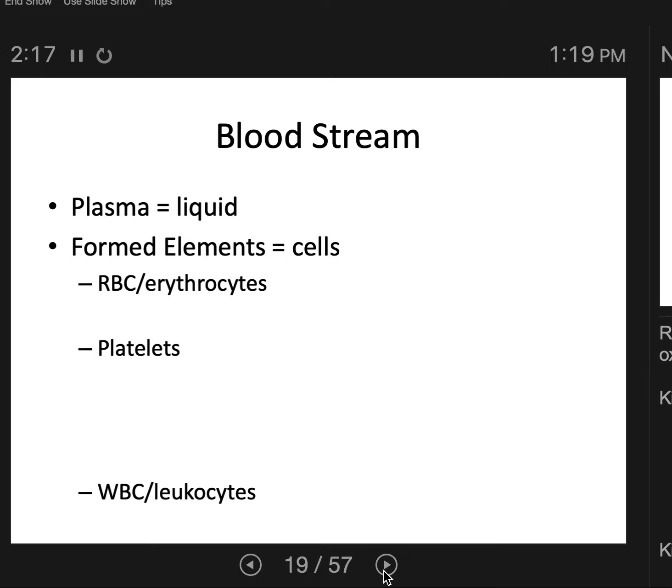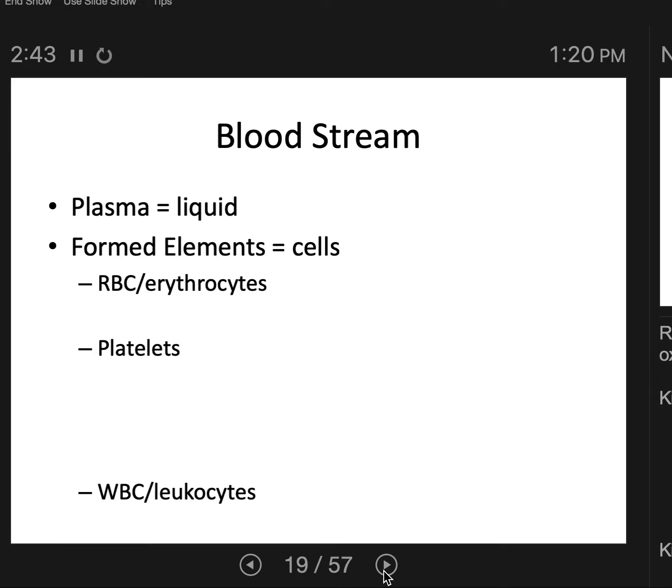Cells include red blood cells, also known as erythrocytes, and platelets, which help stop bleeding when you get a wound. They clog a wound site so that you don't bleed out, and they do it temporarily until you're able to form a scab and new tissue. And your white blood cells are your leukocytes. So red blood cells are also called erythrocytes, and white blood cells are also called leukocytes.